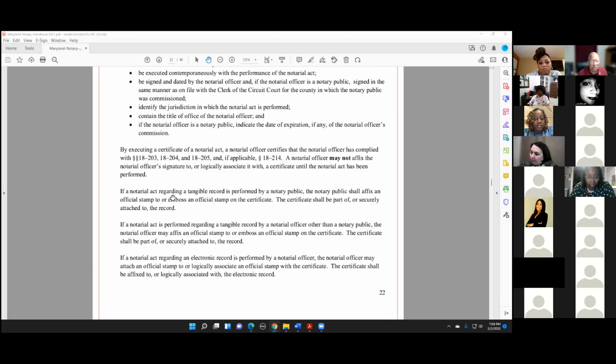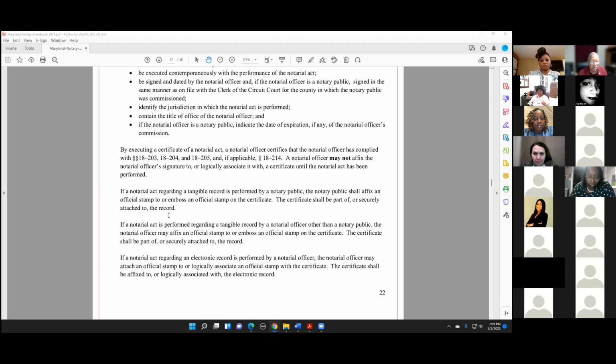So if a notarial act regarding a tangible record is performed by a notary public, the notary public shall affix an official stamp or emboss an official stamp on the certificate. And the certificate shall be part of or securely attached to the record.